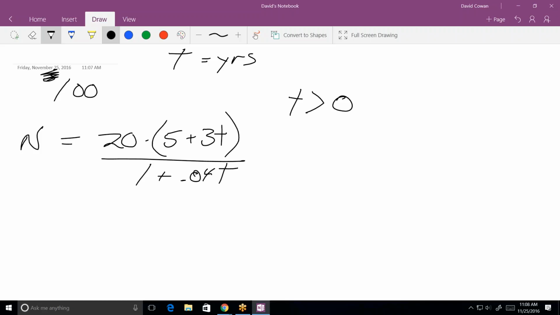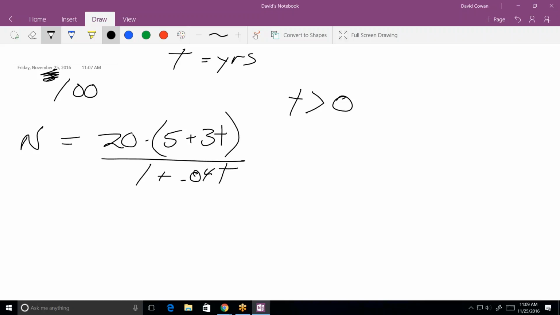Okay. So if you let t be 0, N better be 100, right? I think so. Yeah. The denominator becomes 1, the numerator becomes 100. So everything matches what they're saying.